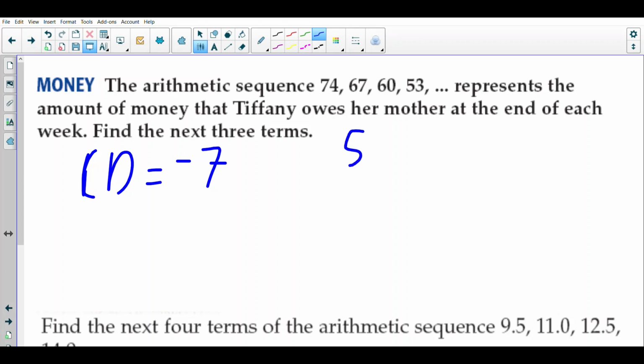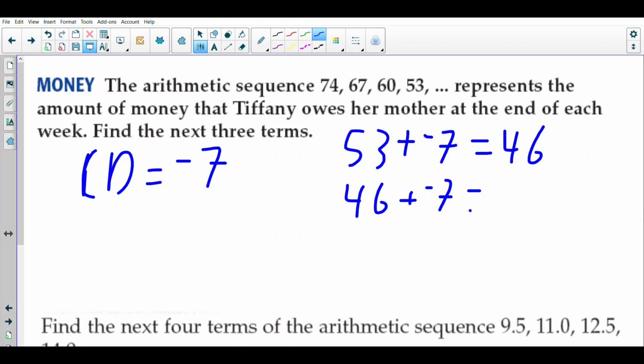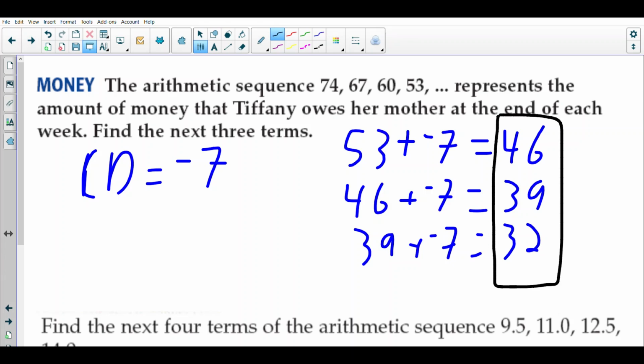We take 53 plus negative 7 to give us 46. Then 46 plus negative 7 gives us 39. Then 39 plus negative 7 gives us 32. And those are our next three terms of our sequence.